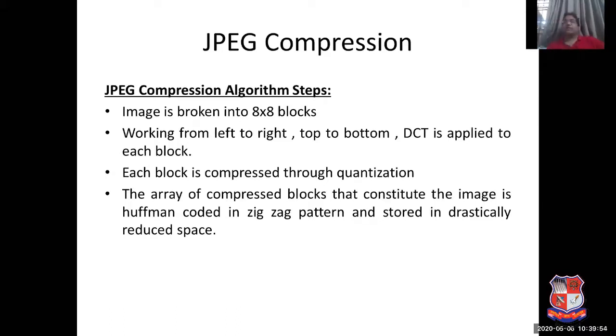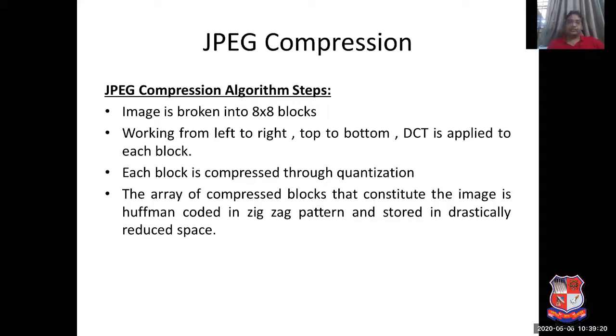As you move away from that DC value in a zigzag manner, the frequency increases. That means you are going from low frequency to middle frequency to high frequency. Generally, if you remove the high frequency information from the DCT part, it will not impact the information much during the retrieval process. That is the basic concept of JPEG compression and why we use DCT in it.